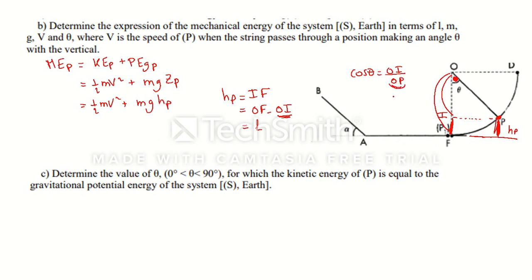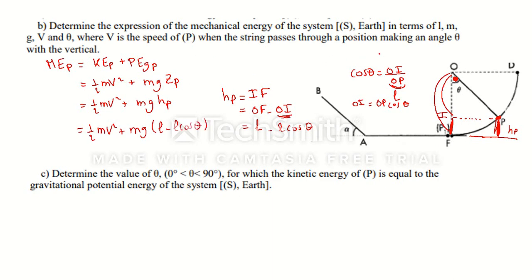Then this is also L. So we notice that OI equals OP cosine theta. This means L cosine theta. So it will be minus L cosine theta. And here I can substitute, so it's equal to half m v square plus m g bracket L minus L cosine theta.